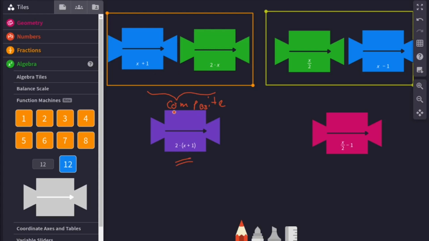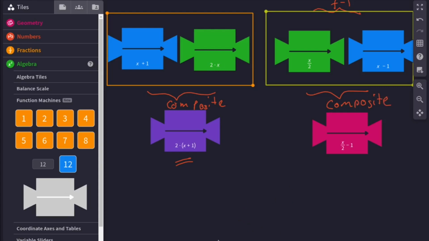This is a single machine that replaces the two functions above. Now if you remember, this was the inverse that we just obtained a while ago, and here's the composite of that. So I'm going to replace that with a single machine because it's easier to work with.